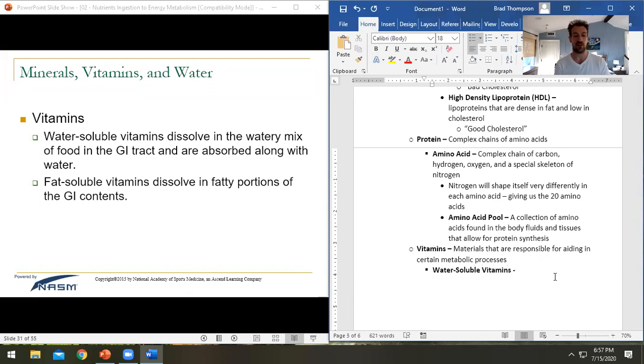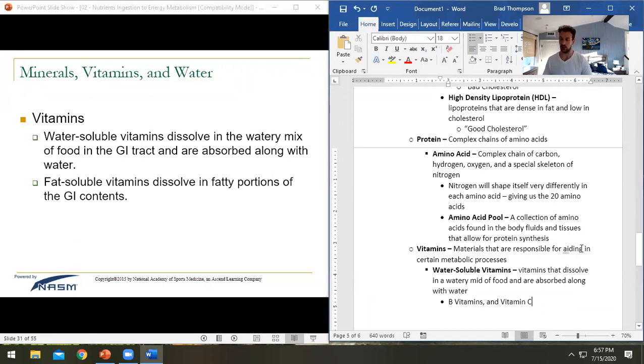But water-soluble vitamins are vitamins that dissolve in a watery mix and are absorbed along with water. The vitamins here are going to be your B vitamins and vitamin C. That is the list of water-soluble vitamins, okay?